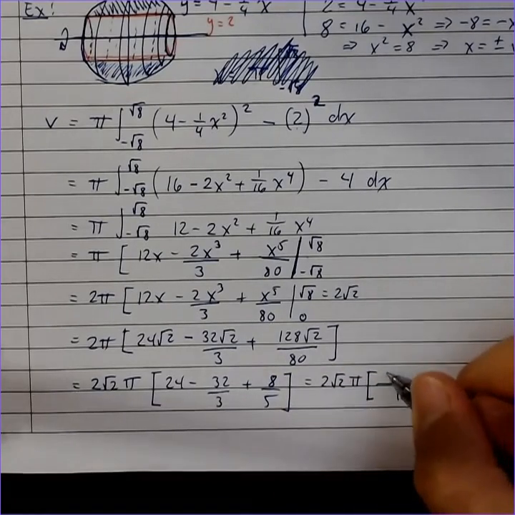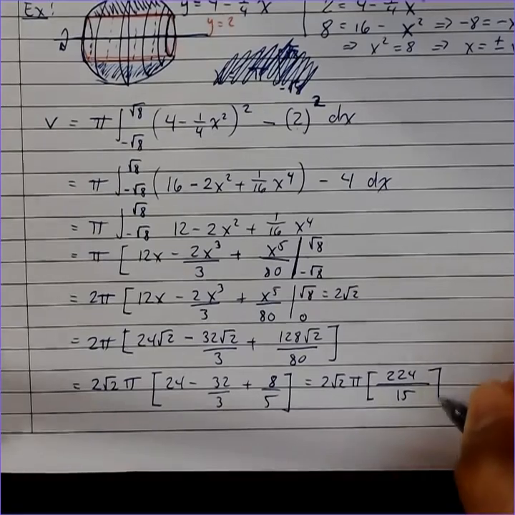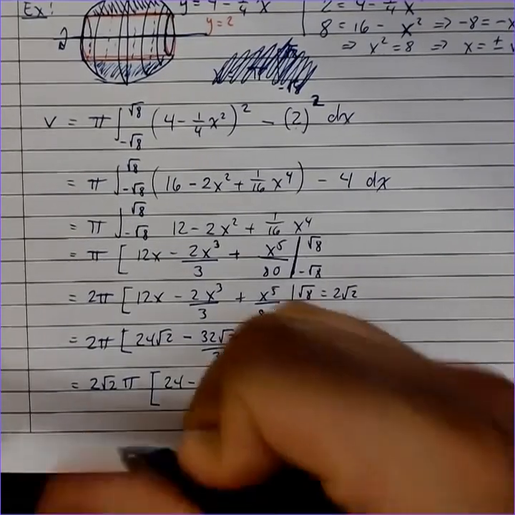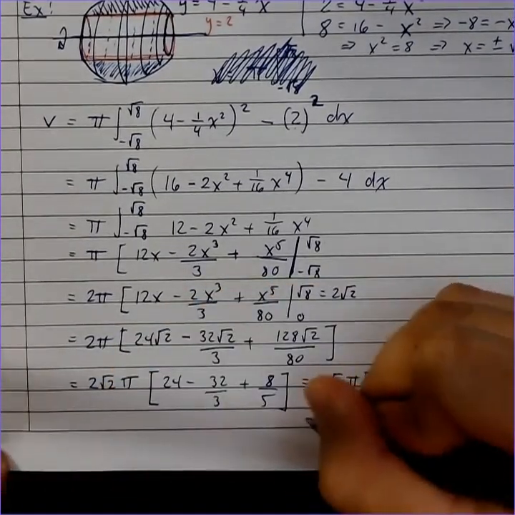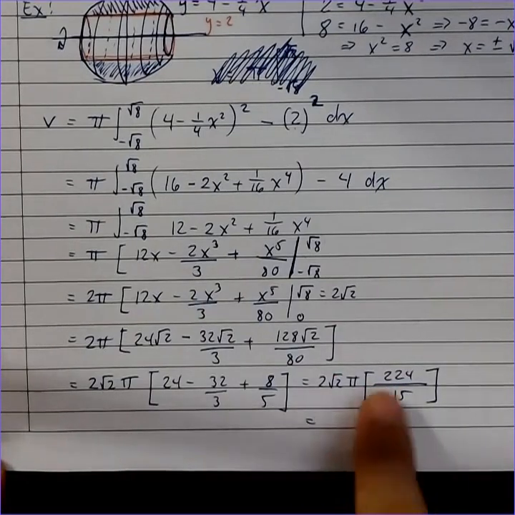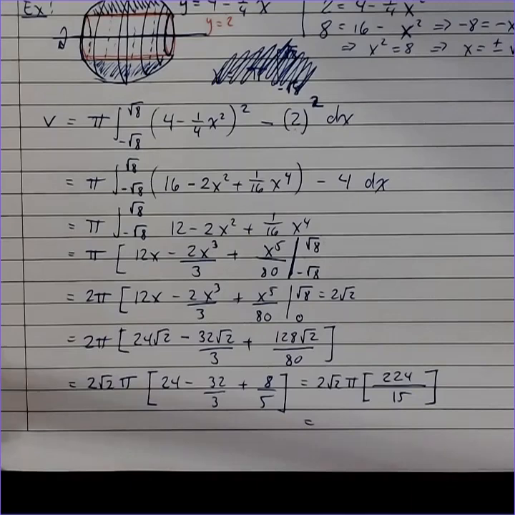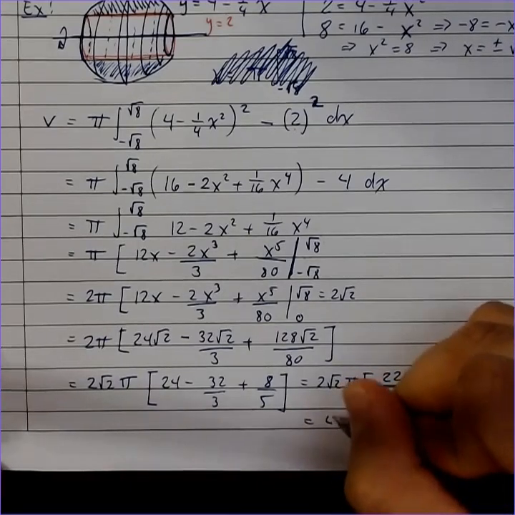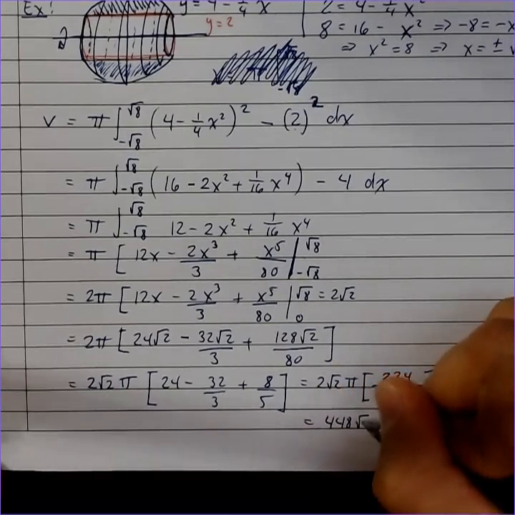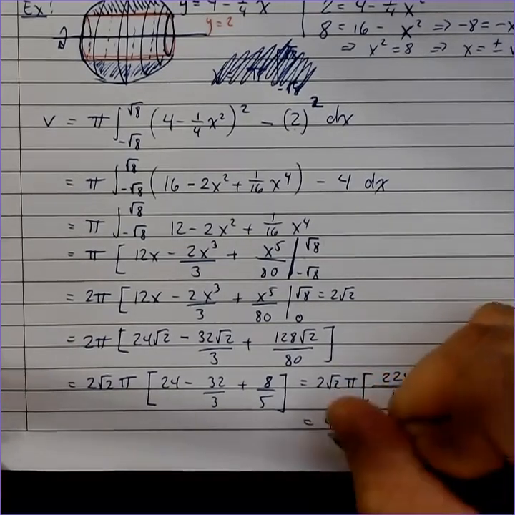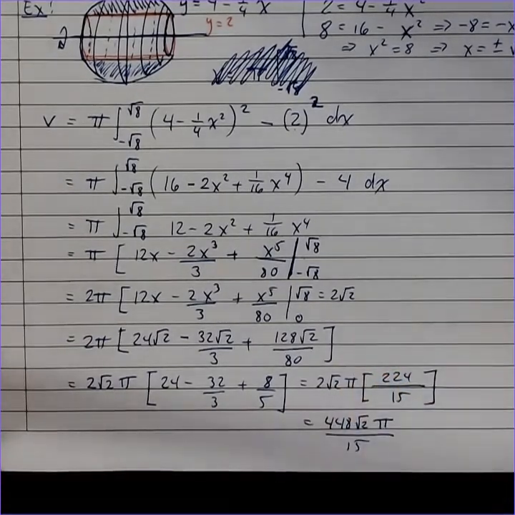And that'll give us 224 fifteenths. And finally, putting that all together, we just multiply those two. That's 448. That doesn't reduce, does it? 4, 5, 6, 7. No, it doesn't reduce. So that'll give us 448 root 2 times pi over 15, which may not be the nicest looking answer in the world, but it is our result.